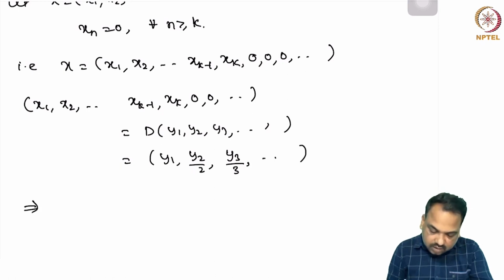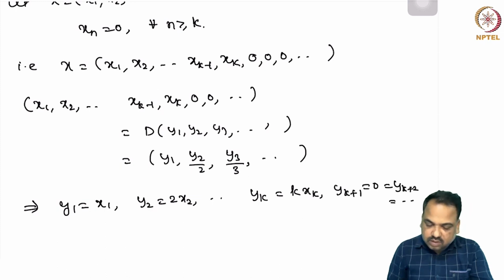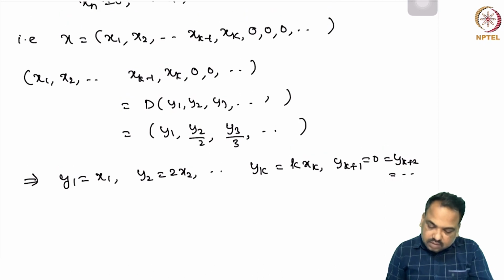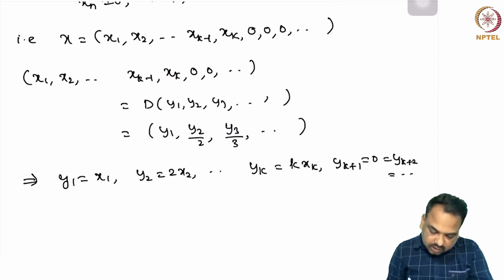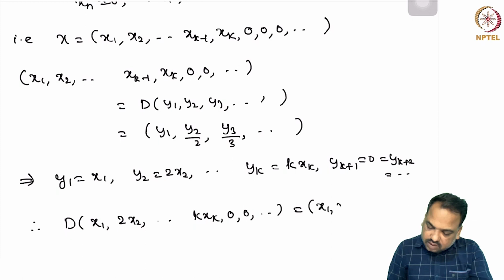So from this we can conclude that y1 is x1, y2 is 2x2, and so on, yk is k times xk, yk plus 1 is 0, and so on. Therefore we can conclude that D of (x1, 2x2, and so on, k xk, 0) is exactly (x1, x2, and so on, xk, and the remaining 0).